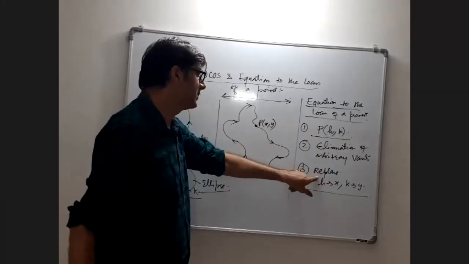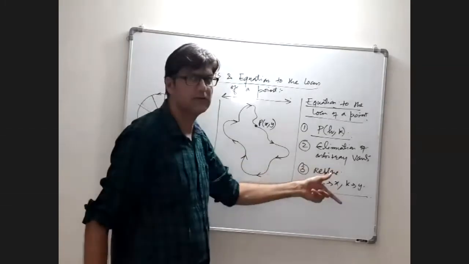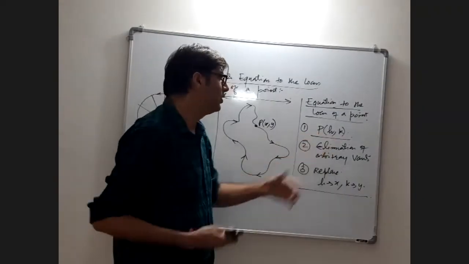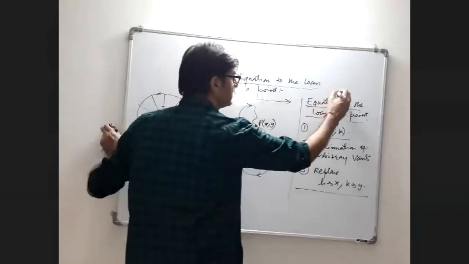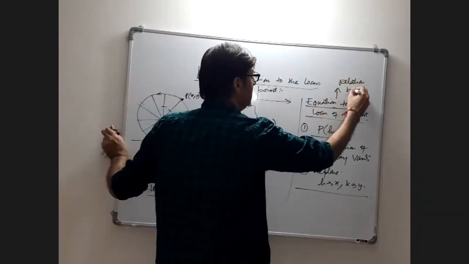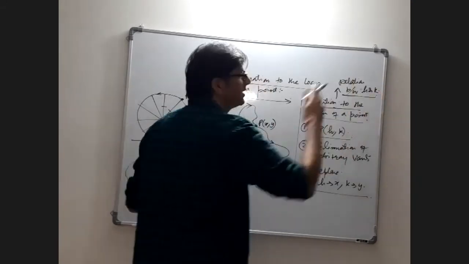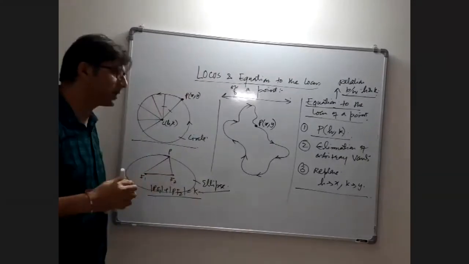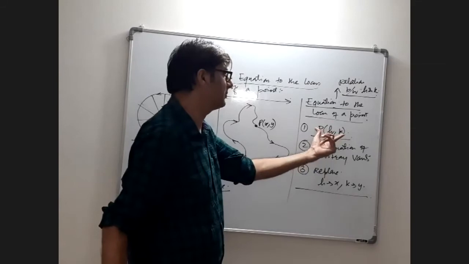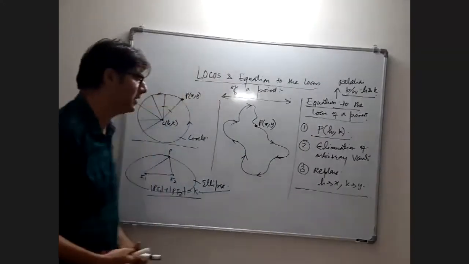So the equation to the locus is nothing but a relation between h and k, and there should be no other variable. ठीक है, अगर होगा उसको eliminate करना है, finally we must have an equation that will comprise only of h and k, and in the end we will replace h by x and k by y.